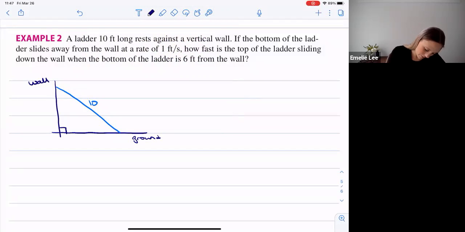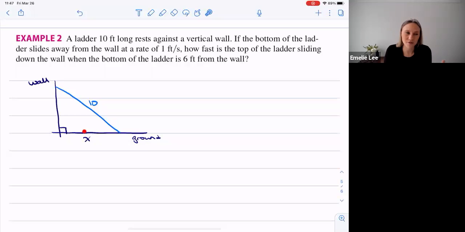For me, I'm going to denote this distance by x. So here on the x-axis, my go-to is going to be x and y if I can, unless there's a more obvious notation to use.